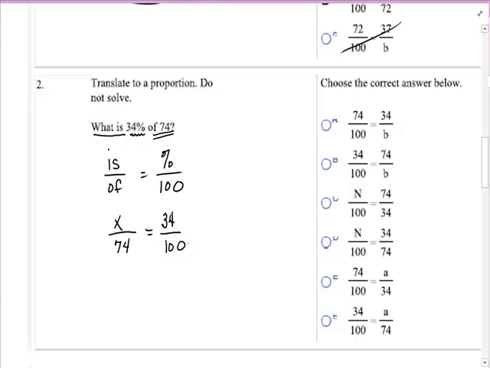We're not solving this. We're trying to find which one of these matches up. Right away, find all the ones that have 37 over 100, and we need a letter over 74. Yes, letter over 74. I knew they used an A and I used an X. That should not matter.